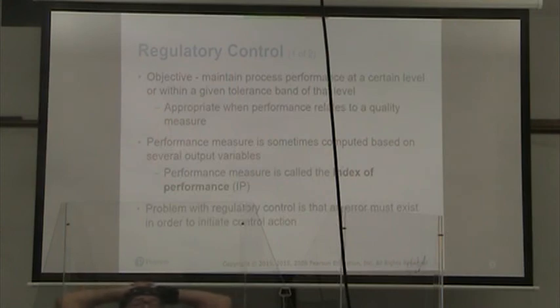All right, so we have regulatory controls. Our objective there is we want the performance of the process to be at a certain level or a tolerance band within that level, which is why I brought up quality control, because one of the things that we do in quality control is we are constantly measuring to make sure we're within that band.